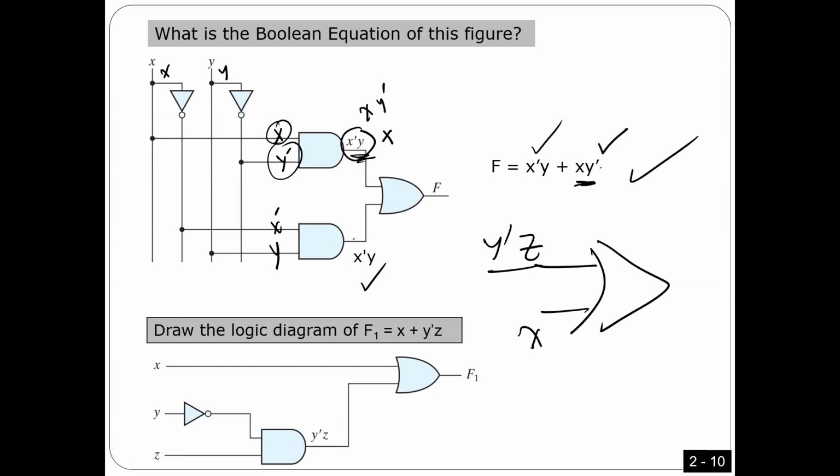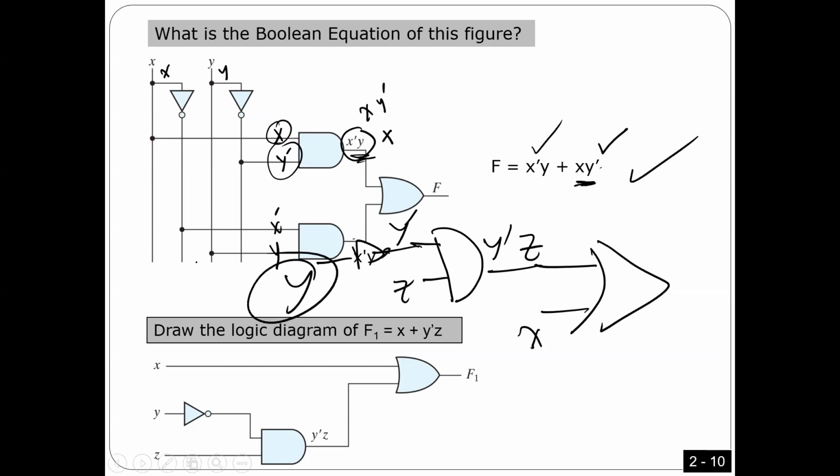That means I have to show an AND between z and y prime. In order to get y prime, I have to put an inverter to get it from y. So here, one input is x, the other input is y prime z. One input is z, the other input is coming from y prime. So I need an inverter. Any questions? Okay.